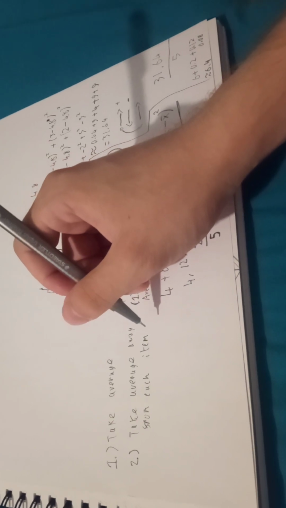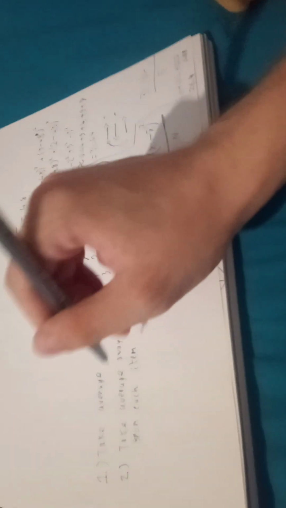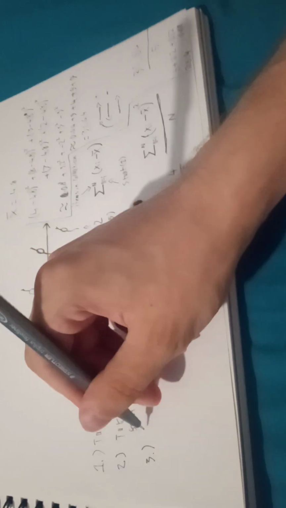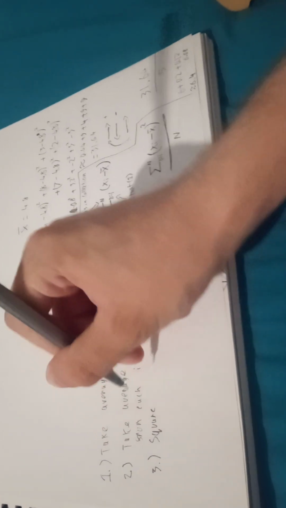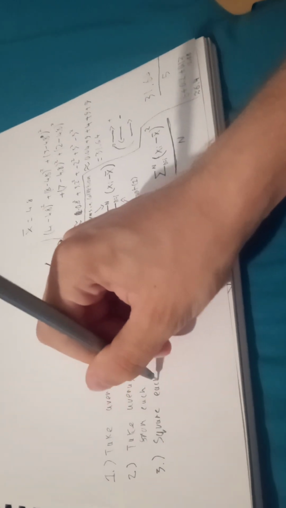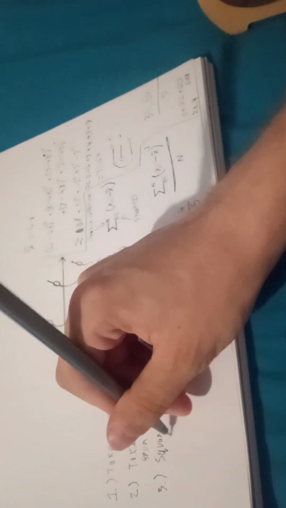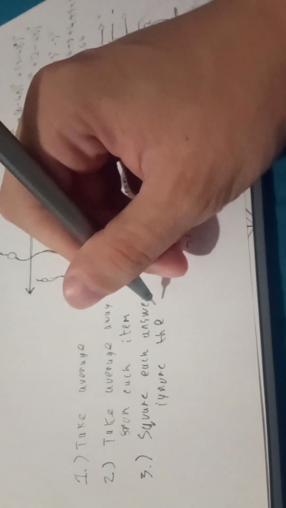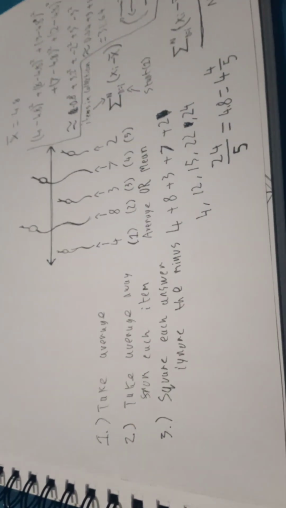And then once you've done that, you then square them, okay? So you can think of this as ignoring the minus. You're going to have to forgive my terrible handwriting. That is ignoring the minus.